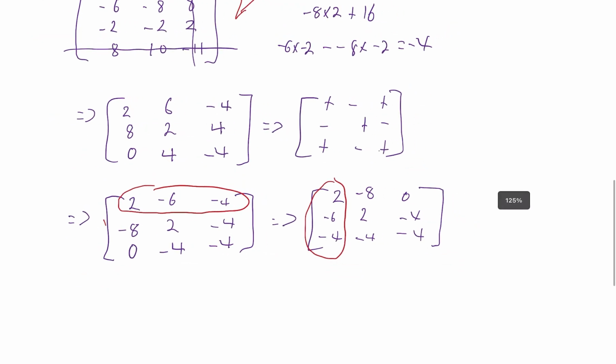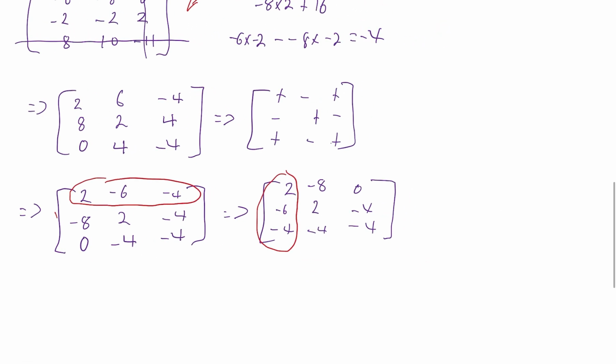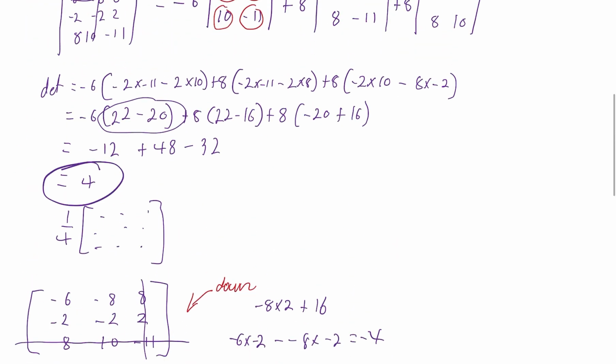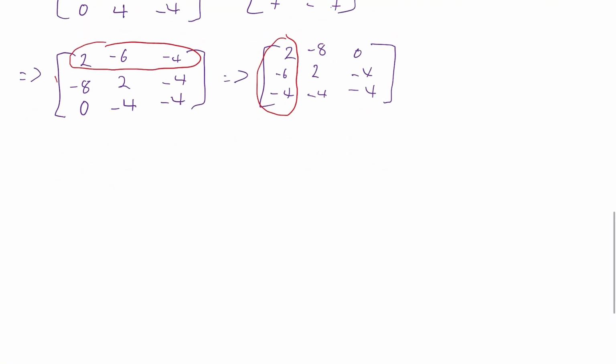And after that, all you have to do is apply the determinant. So our inverse matrix will be 1 on 4 outside of 2, minus 8, 0, minus 6, 2, minus 4, minus 4, minus 4, minus 4.